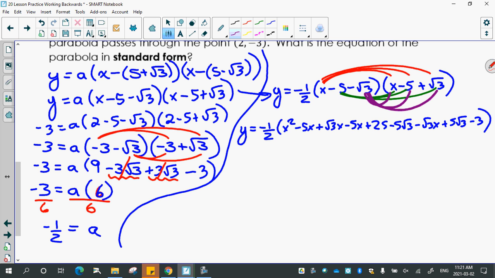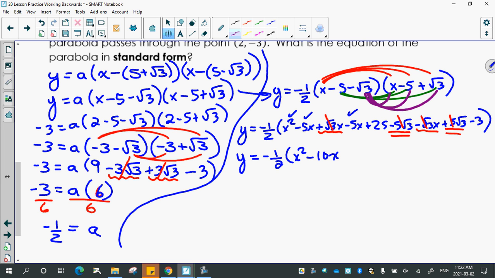So now you want to look for anything with a root because you know those are going to be the ones that have 0 here. So I have a plus root 3x. I'm really going to want to have a minus root 3x. And I do. I've got a minus 5 root 3. So I'm going to want to have a plus 5 root 3. And I do. So those 4 terms are basically gone now. So now I'm going to collect what's inside the brackets. There's only one x squared term, minus 10x.